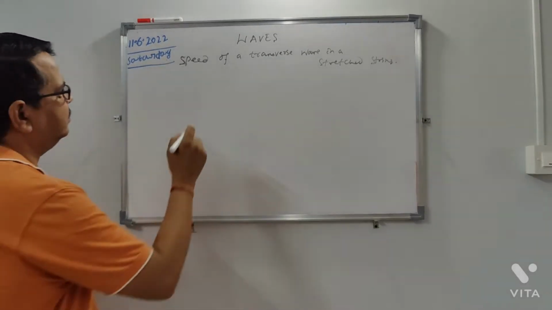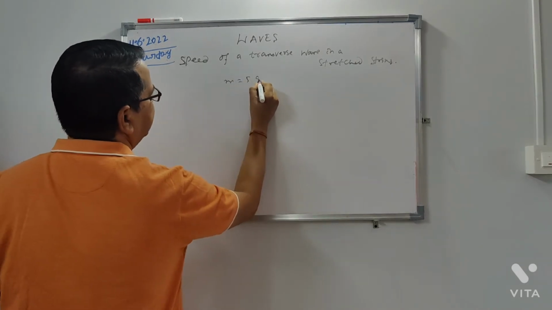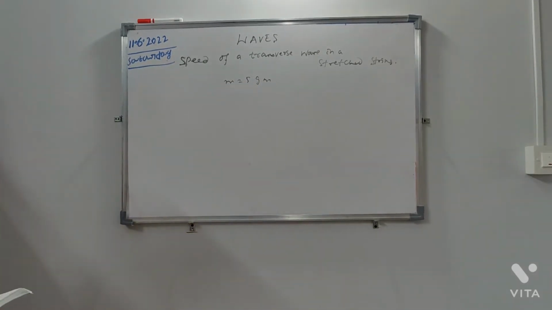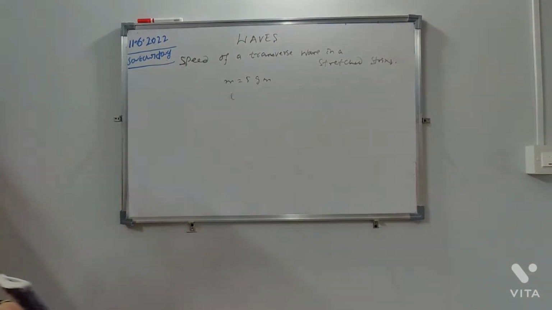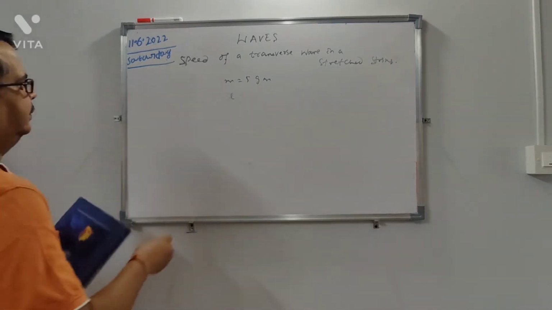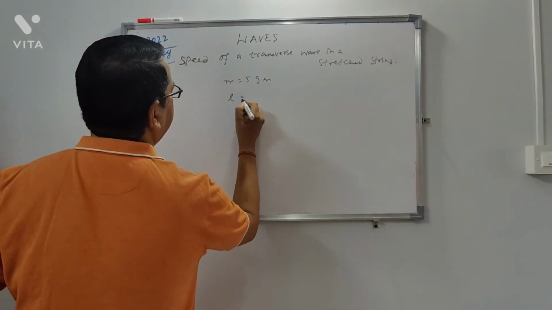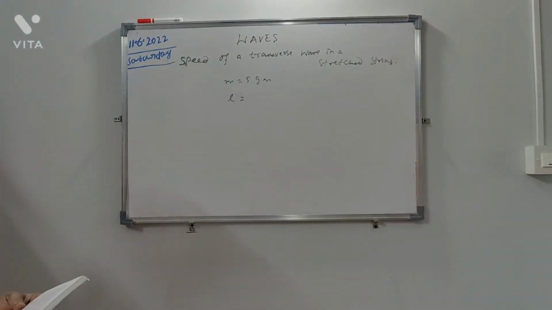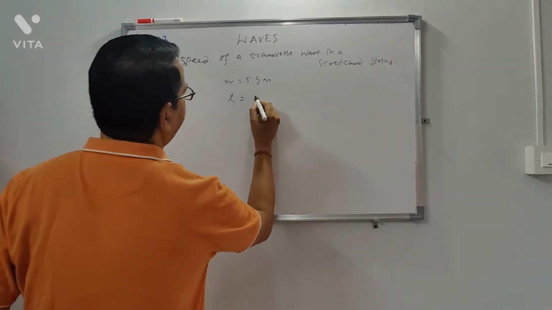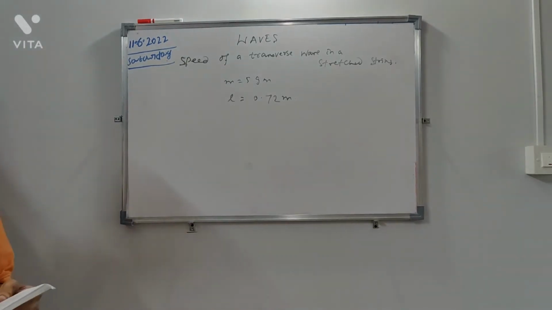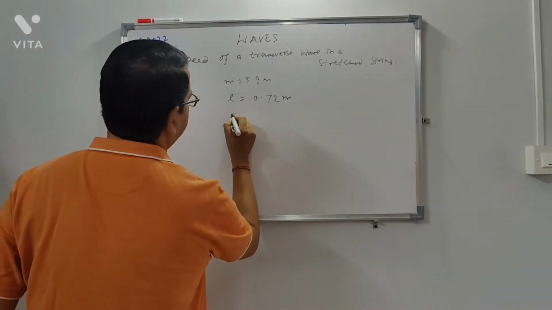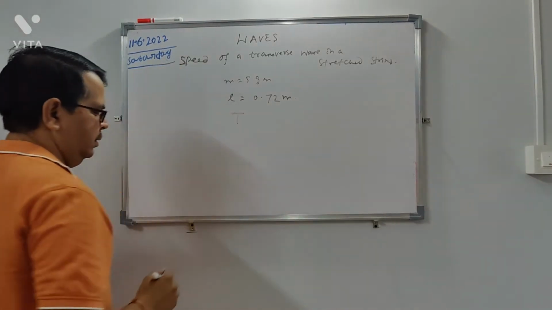So the mass of the steel wire is 5 gram and its length is 0.72 meter. And the wire is under a tension of 60 Newton.